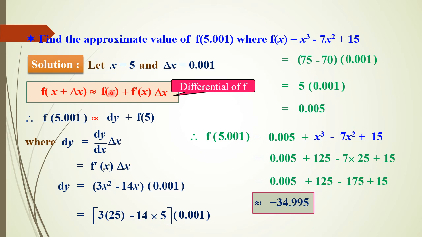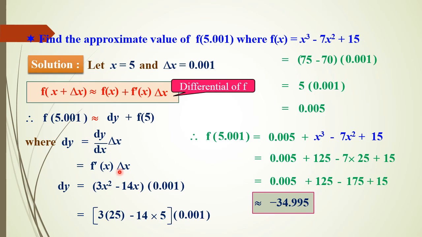Now, f of x is the original function, f dash of x is the differentiation of this term. Differentiation of x cube is 3x square, 7 is a constant term, x square derivative is 2x, 7 into 2 is 14, 14x, and 15 is a constant term, its derivative will be 0.